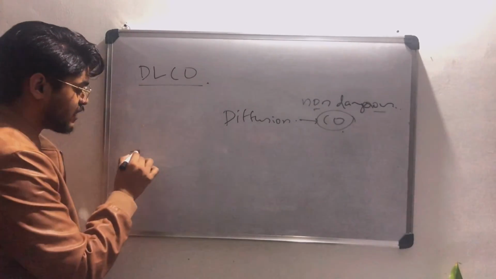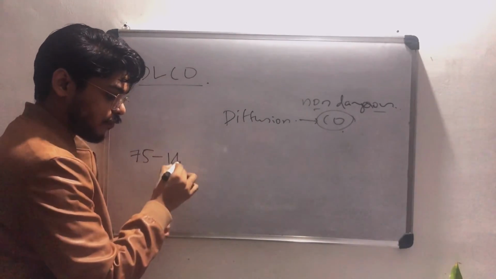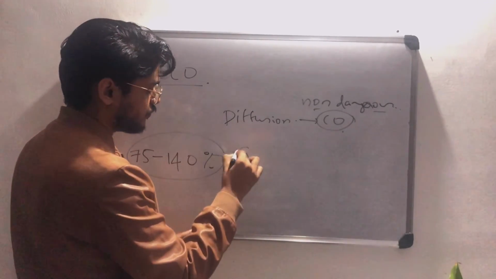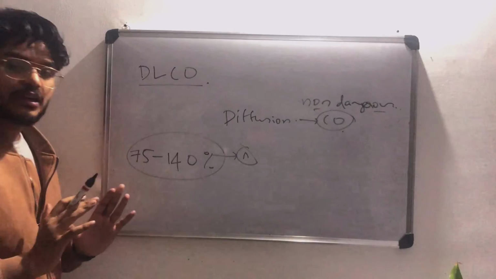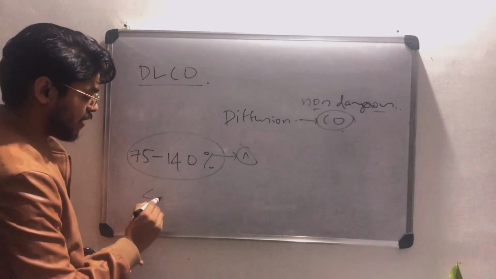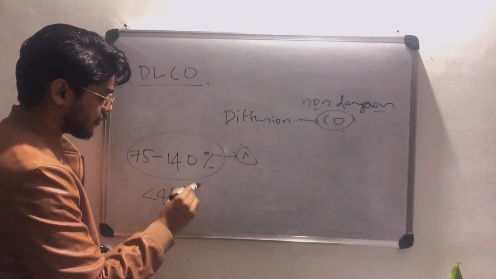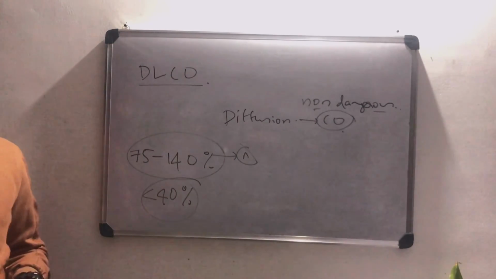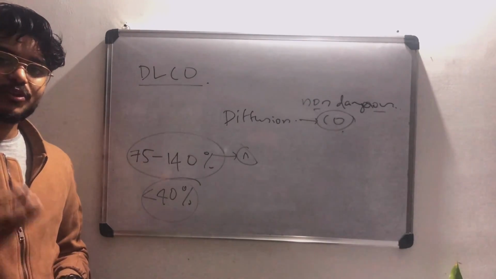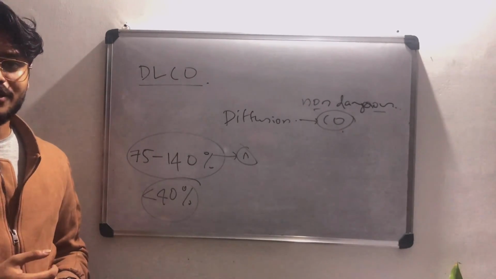Mostly if it is 75% to 140%, then it is normal. Then the lung has normal diffusion. But if it is less than 40%, for example if we are giving 100 and 75 is going out, that means only 25 is taken by our lungs.